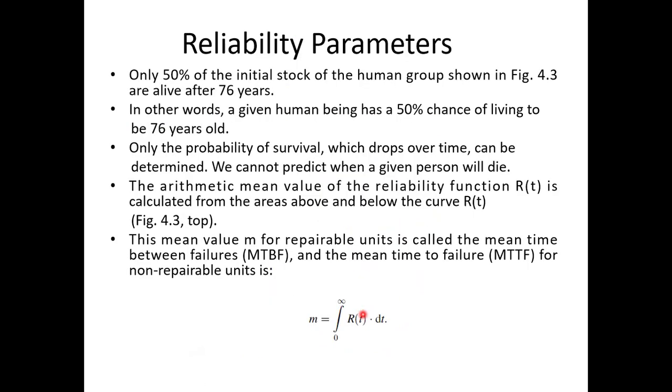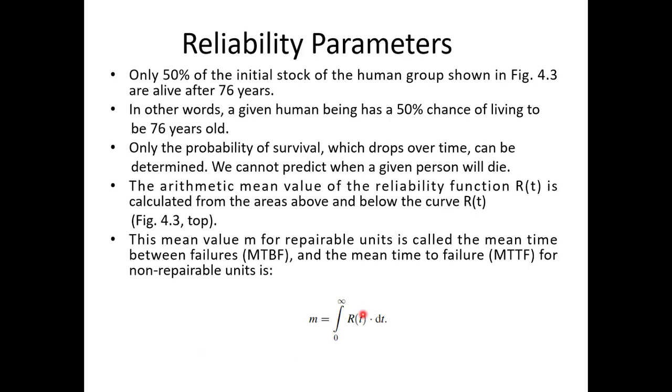Okay. So here, as a reliability parameter, only 50% of the initial stock of the human group may survive to 76 years. In other words, a given human being has a 50% chance of living to 76 years old.